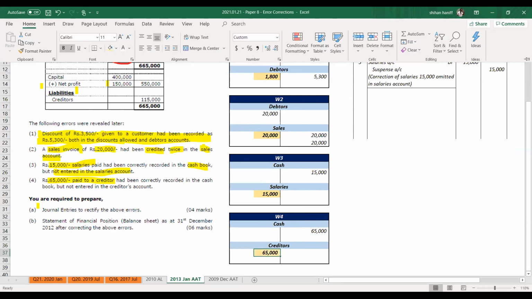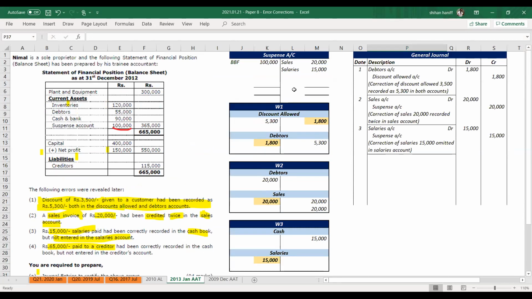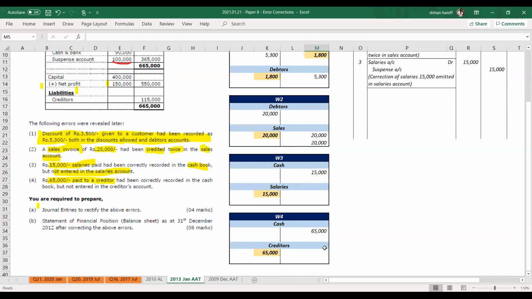If we debit 65,000 to the creditors account, we have to credit the suspense account. Debit creditors, credit suspense, 65,000.